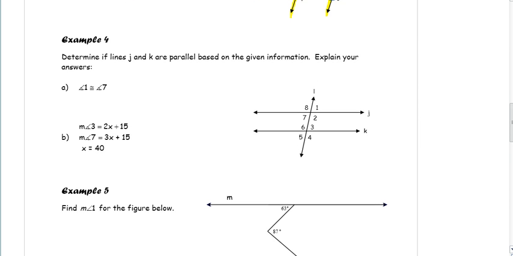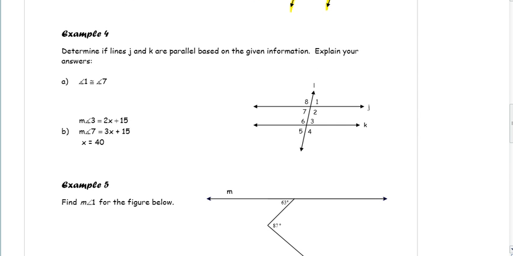Okay, if we look at example 4, we have angle 1 and 7. Those are congruent. Now, we have a transversal, and it's right here. You should know that 1 and 7 are vertical angles. Nowhere in there does it say anything about vertical angles having anything to do with those two lines.